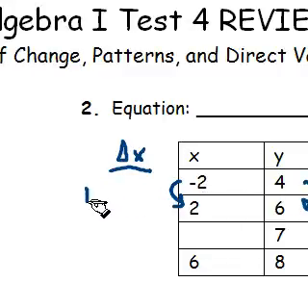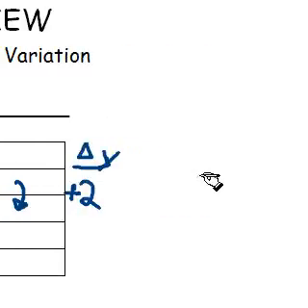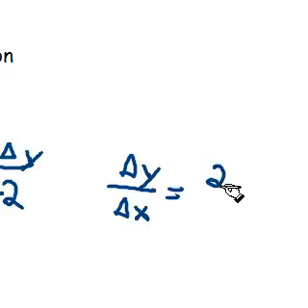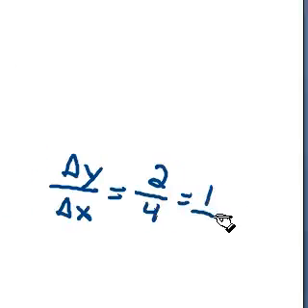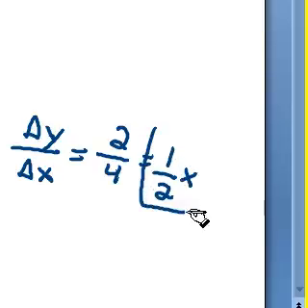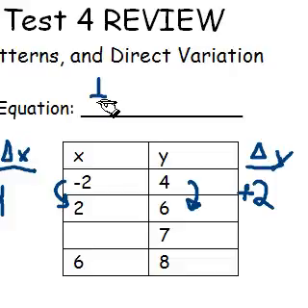That also is an increase. An increase by what? An increase by 4. So we take those two ingredients: our change in y divided by our change in x is equal to 2 over 4, which equals 1/2. So that is our rate, and we can drop that part in our equation, 1/2 x.